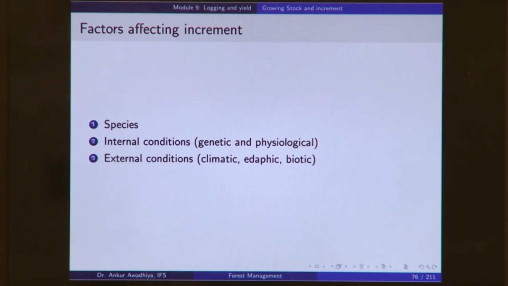Edaphic factors, if you have a site which does not have sufficient amount of nutrients, the rate of growth will be less. Biotic factors, suppose you have a stand which is now infested with a disease. So, the plants are now diseased and so they are not able to put up a large amount of growth. So, the increment depends on species, it depends on internal factors, it also depends on external factors.